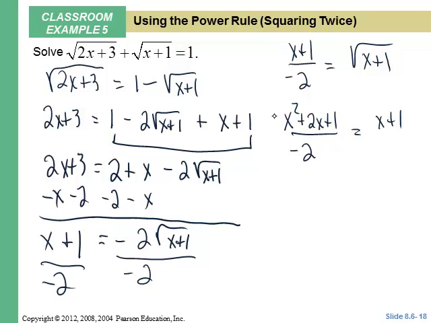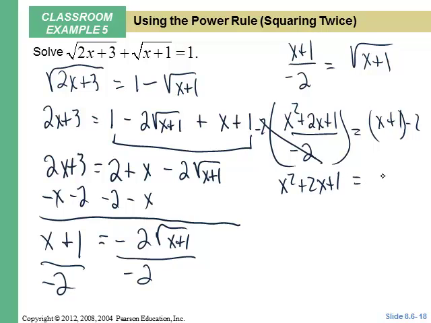Let's multiply everything by negative 2 on both sides, and we get x squared plus 2x plus 1 equals negative 2x minus 2.